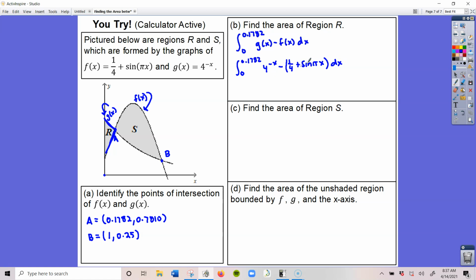I'm going to distribute the negative so I can input it into the calculator the right way. So 0 to 0.1782 of 4 to the negative x minus 1/4 minus sine of pi x dx.